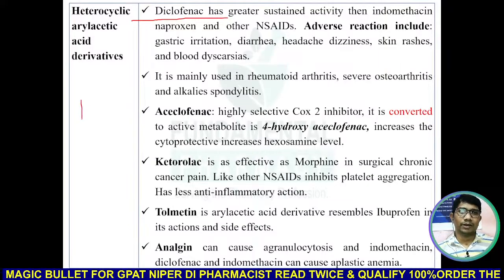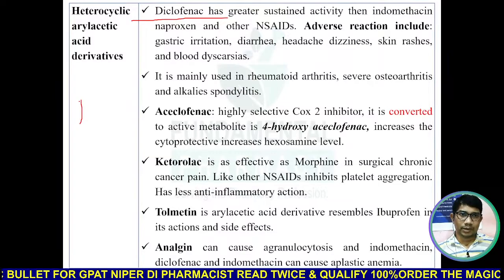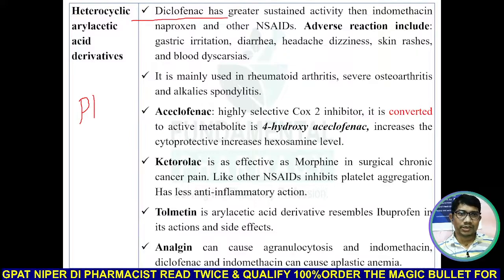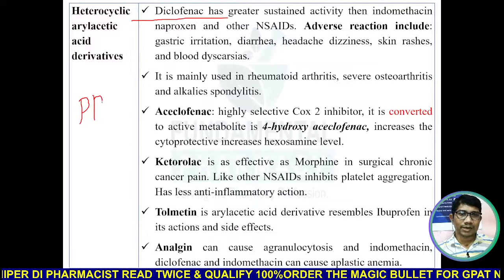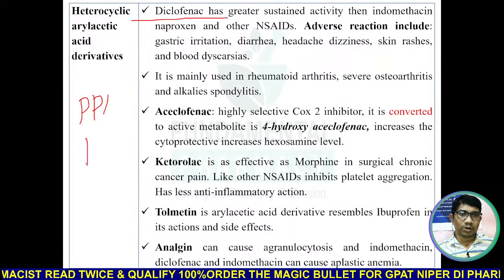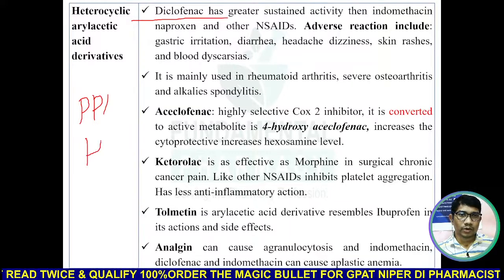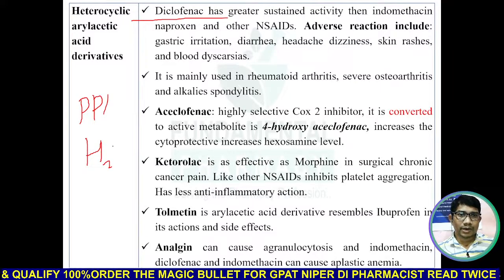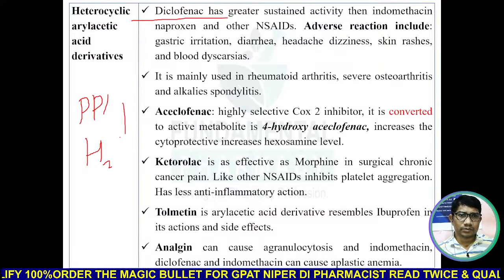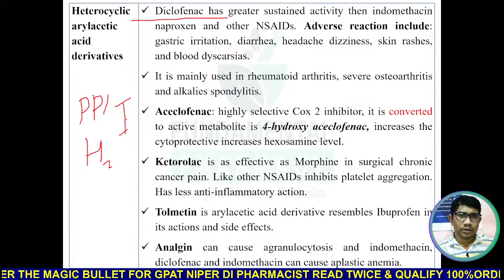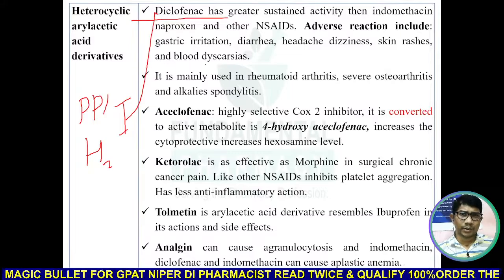So diclofenac is always given with a PPI. Why? Because it is a gastric irritant. It can cause hyperacidity. So always given with a PPI or histamine 2 receptor blocker. So histamine 2 receptor blocker कौन है? Cimetidine, ranitidine, famotidine. So diclofenac is always given with these drugs to prevent the acidity.